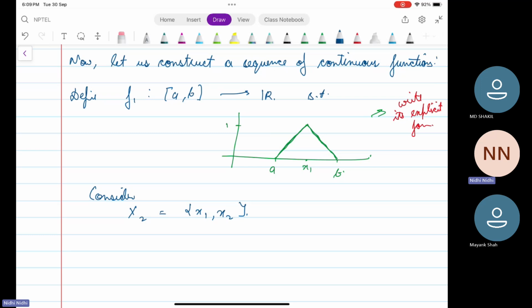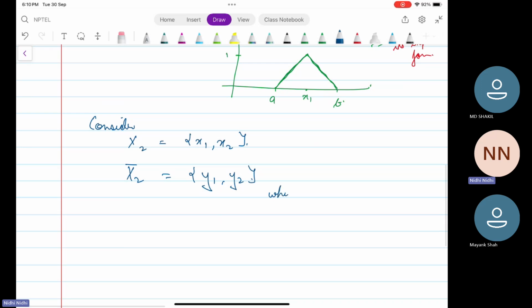Removing that point from the set, the next set left is just a singleton set. In that set again we can apply the well ordering principle to get the least value. So eventually we can write X2 bar as {y1, y2}, where y1 and y2 both belong to X2 and are such that y1 is less than or equal to y2.